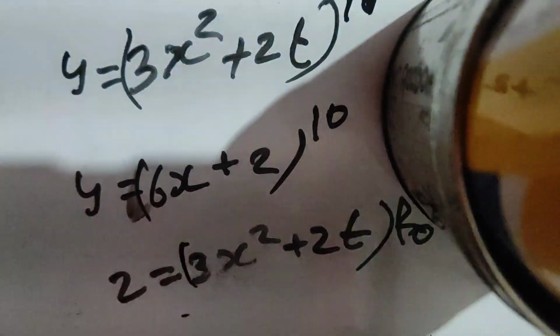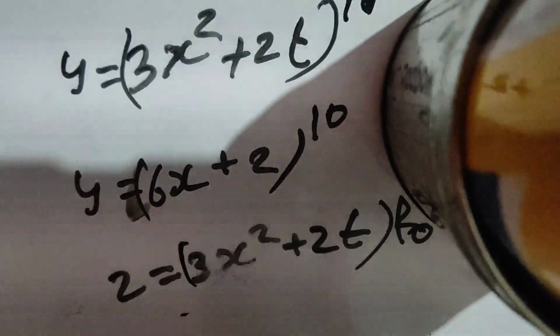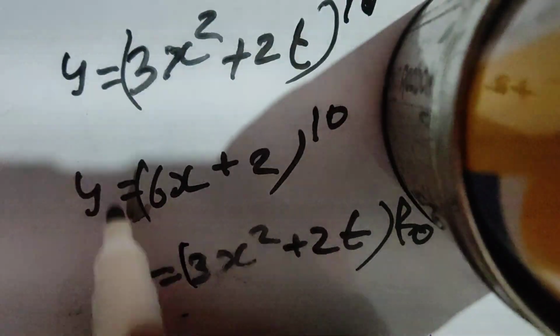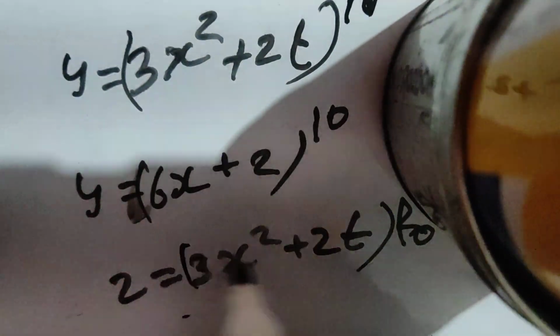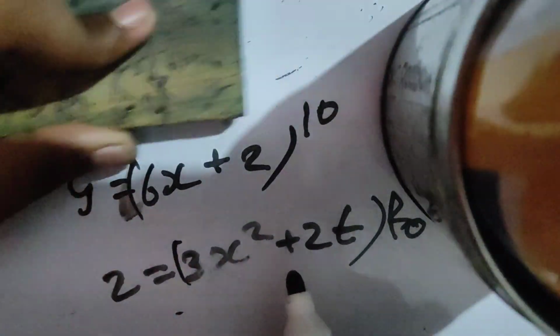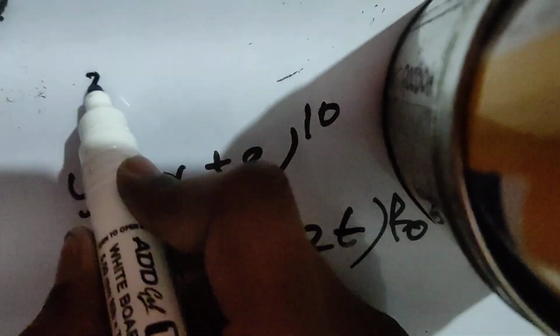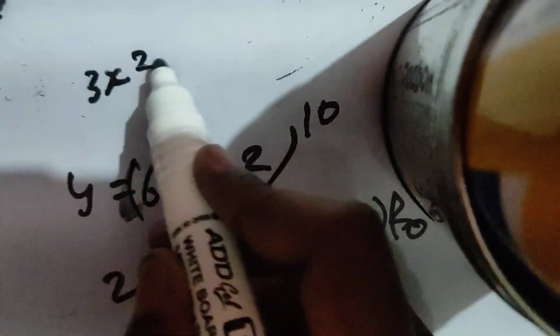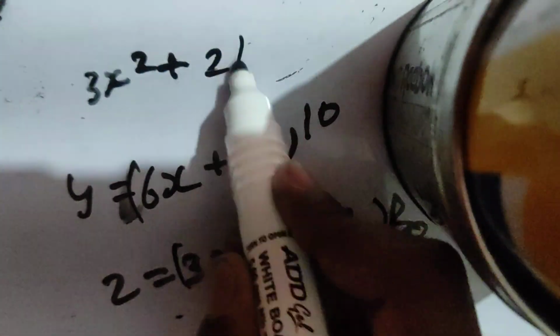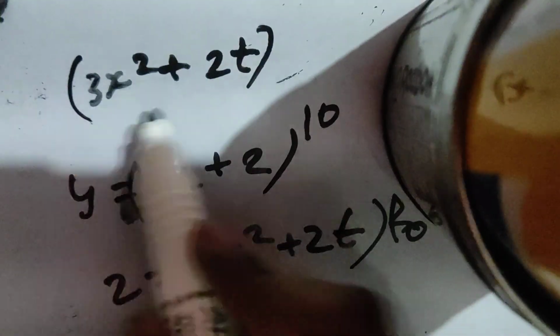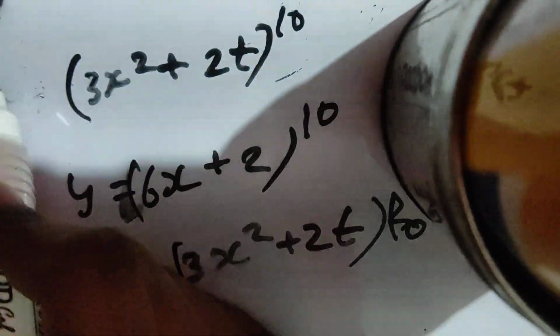So where do I write the values? Let me just write the values here. 3x squared plus 2t, and the power is 10, z.